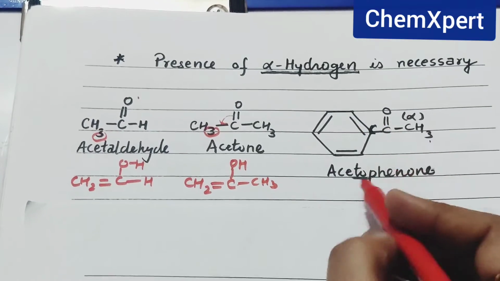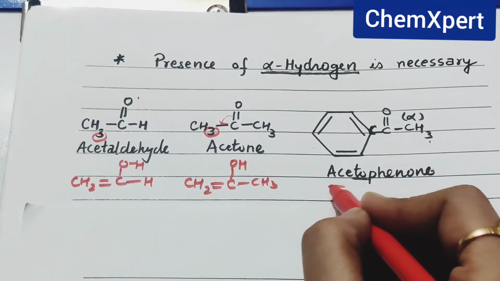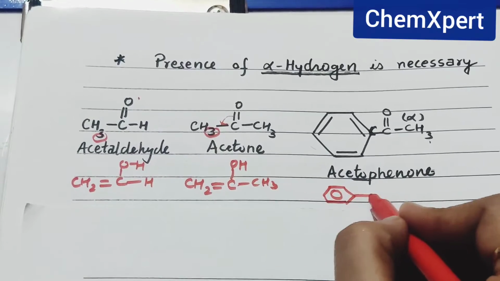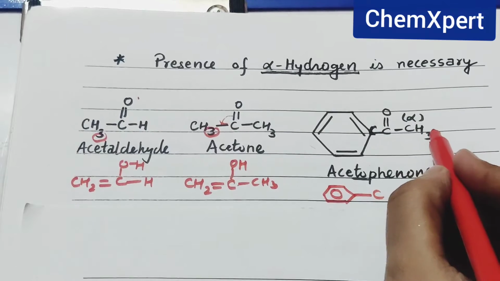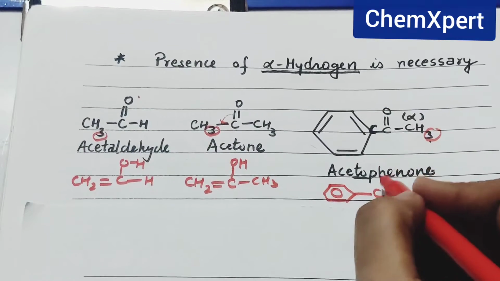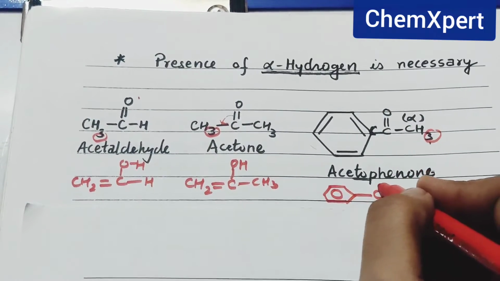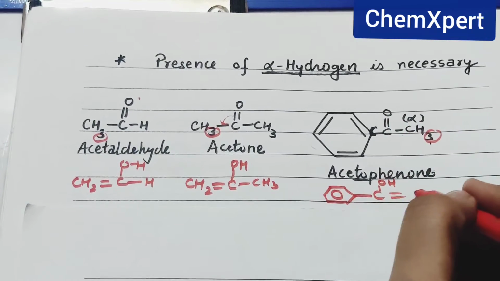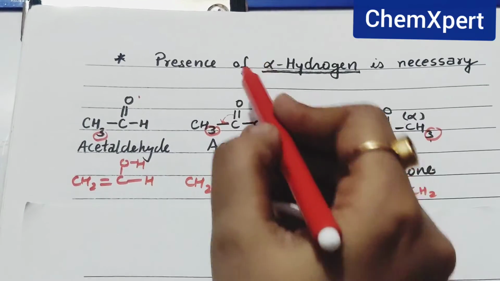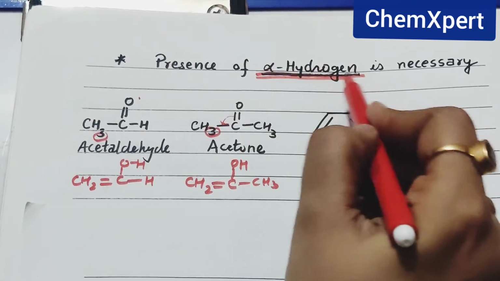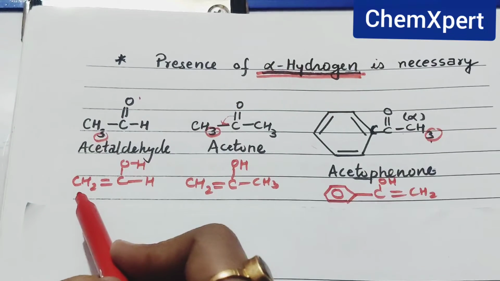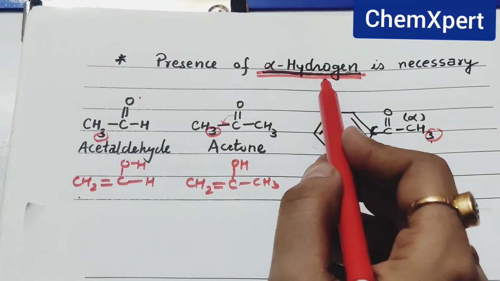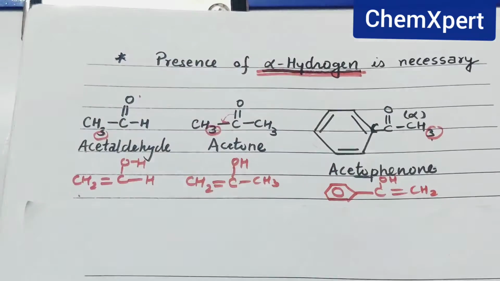Now in this case, the benzene ring will remain the same, there is no change, so I am writing a circle only. So now this H will move toward this O, so now it will become OH, this double bond will shift toward this side and it forms CH2, which means the presence of alpha hydrogen is necessary, because shifting of the hydrogen takes place from the third position to the first position.